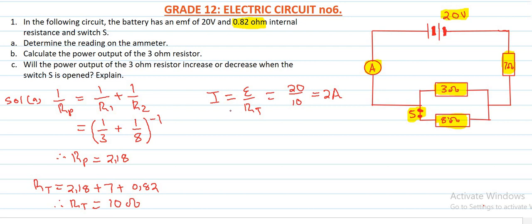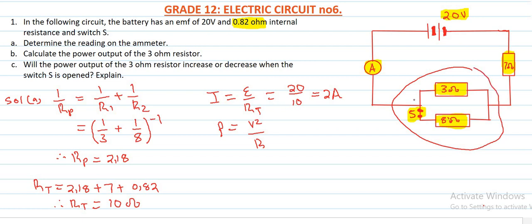Let's look at the second question. Second question says calculate the power output of the 3 ohm resistor. So for us to be able to calculate the power output, the power is given by V squared over R. So we need the voltage of the parallel circuit.